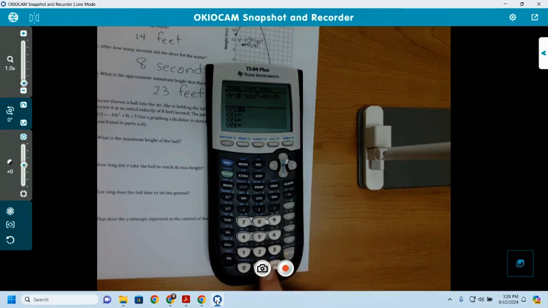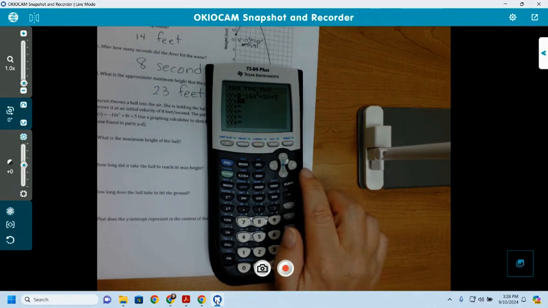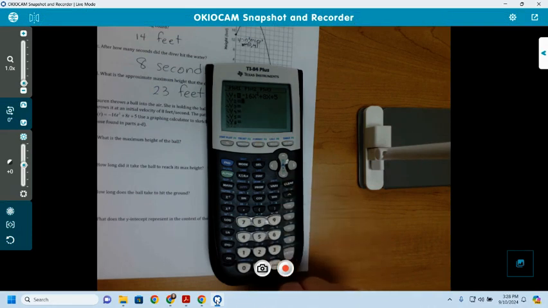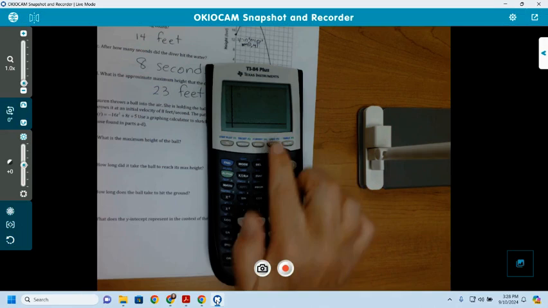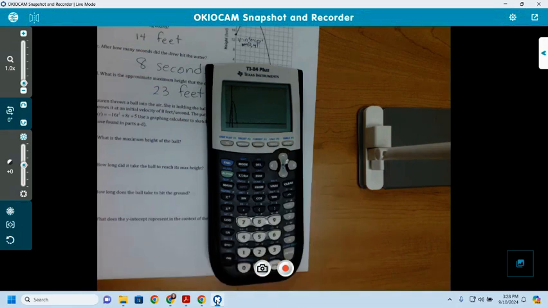And let's go down to our second one. Don't know why that's there. Let's clear that out. And let's hit graph. Let's see if that works. Fantastic.